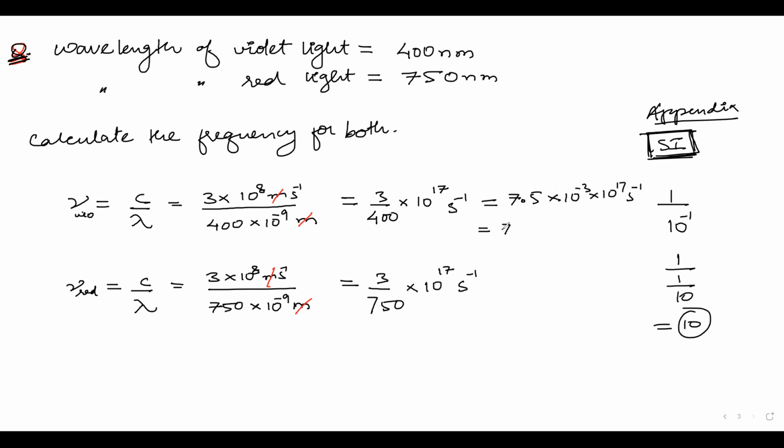So this will be equal to 7.5 into 10 to the power 14 second inverse. Now this will be equal to 4 into 10 to the power minus 3 into 10 to the power 17 second inverse. So we can write this as 4 into 10 to the power 14 second inverse. Okay, so can I move on?